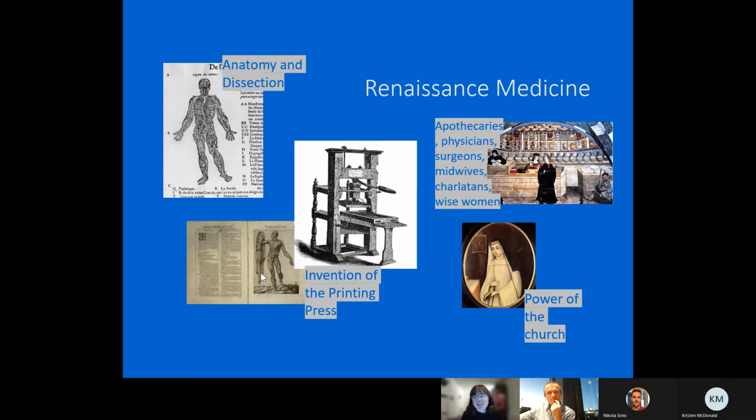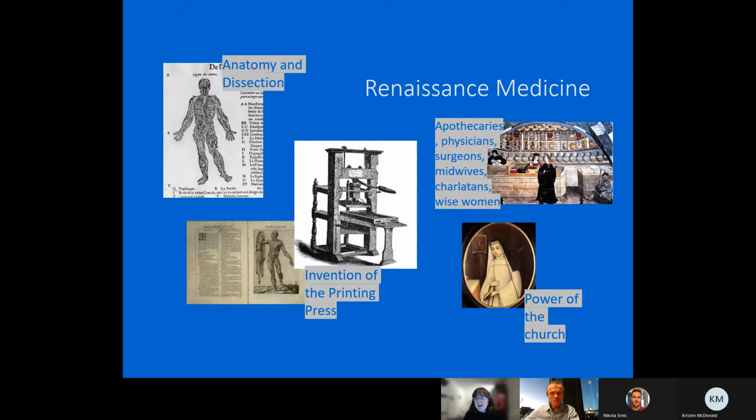And just one final point, I've listed there some of the different sorts of medical figures and practitioners who were important: apothecaries, physicians, surgeons, midwives, charlatans, wise women. It was a very crowded marketplace of different practitioners. Some of those had more authority and were more trusted than others, like a physician or a surgeon.